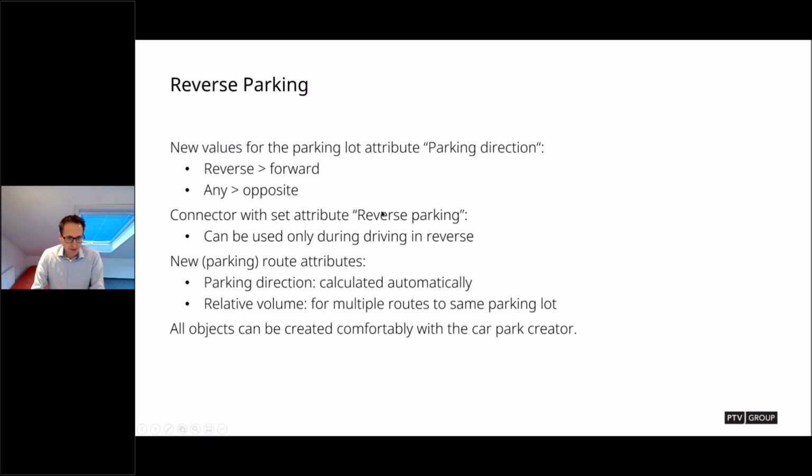There are some extensions to the connector, and the route is also, of course, important. As I said, that can be backwards or forwards in. And again, we will also update the car park creator, the tool to create your car park, that will also support the reverse in parking.